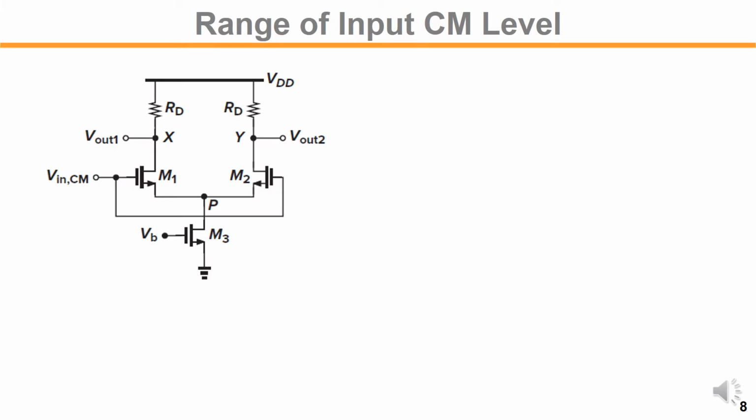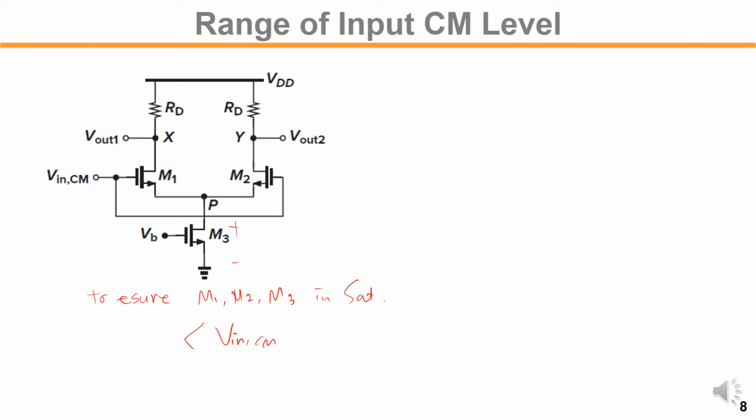Now let's take a look at the calculated range of the input common mode level to ensure every device is in saturation. To ensure M1, M2, and M3 are in saturation, our input common mode range must be considered and designed. So the minimum input common mode voltage will be where?